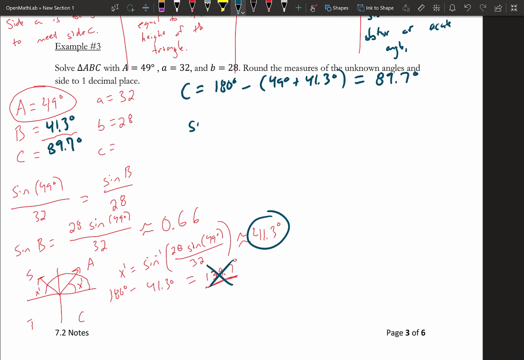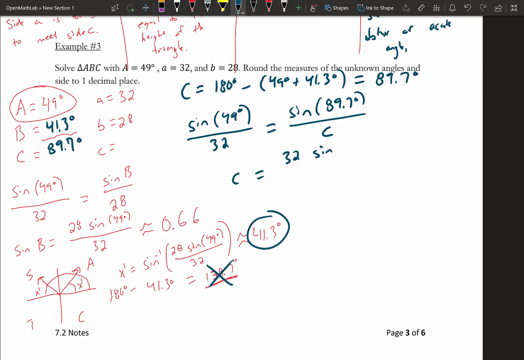So I would have sine of 49 degrees, divided by 32, equals sine of 89.7 degrees all over little c. So little c is going to be equal to 32 times sine of 89.7 degrees, all divided by sine of 49 degrees.